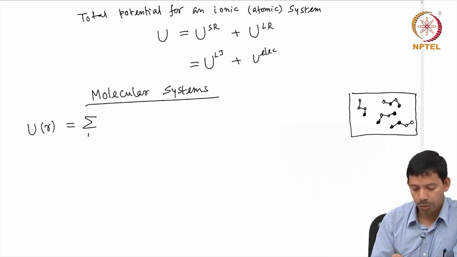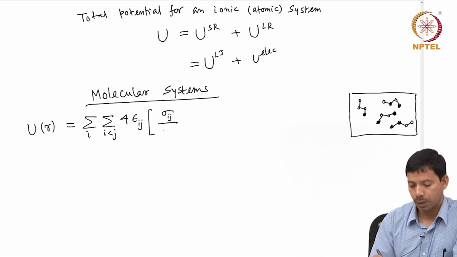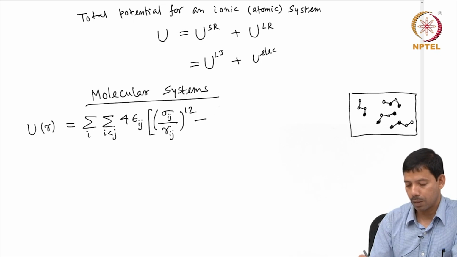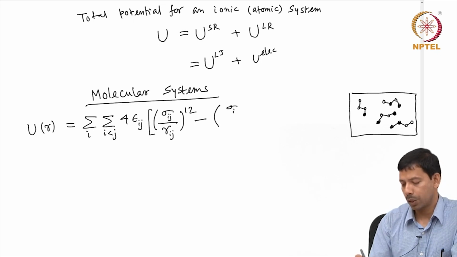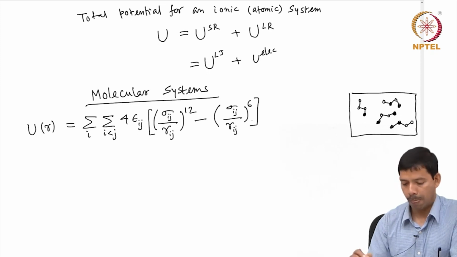If we take the Lennard-Jones, so we have the sum over i less than j of epsilon ij, sigma ij divided by r ij to the power 12, minus sigma ij over r ij to the power 6.